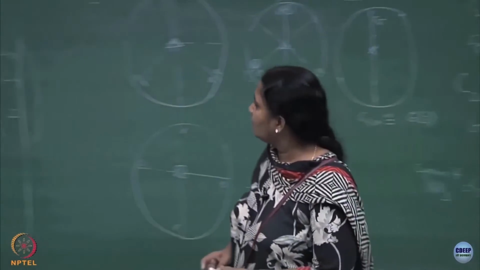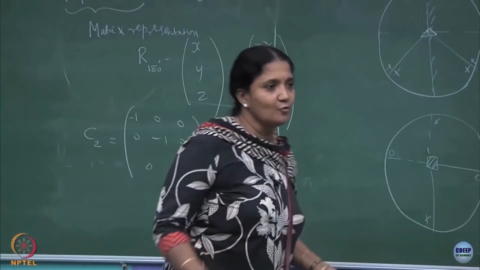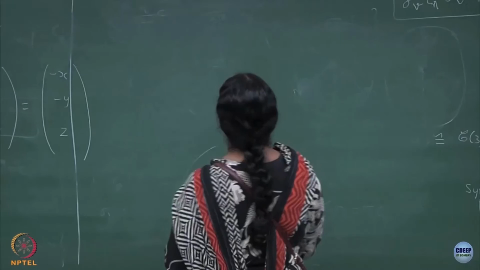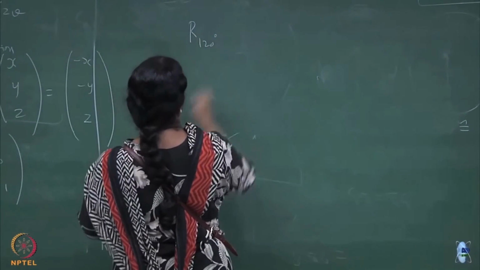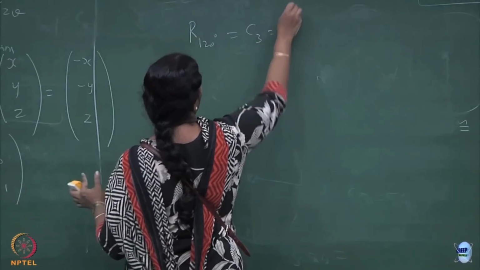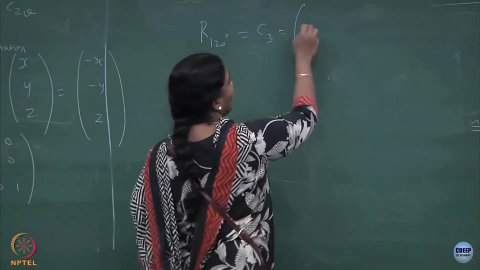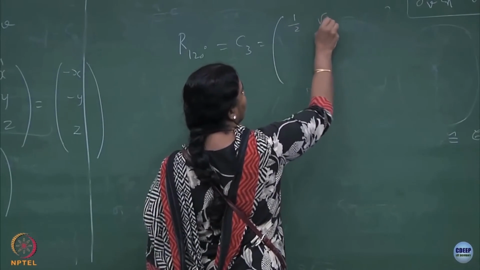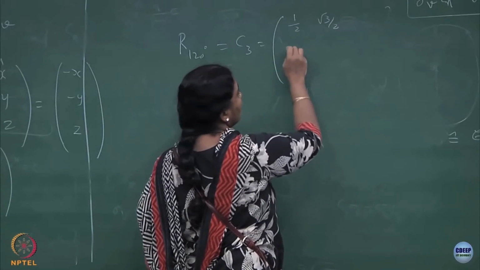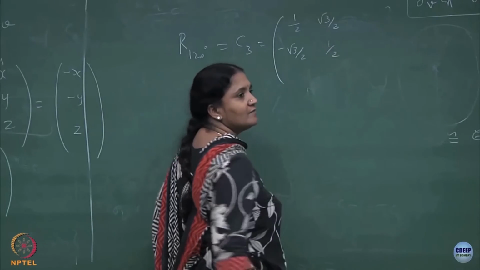So, let us write the matrix representation for C3. This is something which you all know how to write. R 120 degrees, which is what you call C3, the matrix will be cos 120, which is sin 30, is that right?